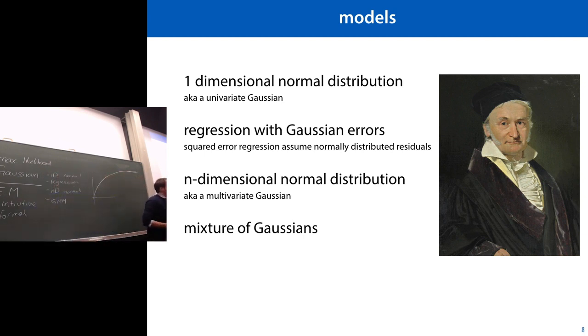Incidentally, if you wonder where the name Gaussian comes from, it comes from this man called Carl Friedrich Gauss, who sort of invented these distributions.